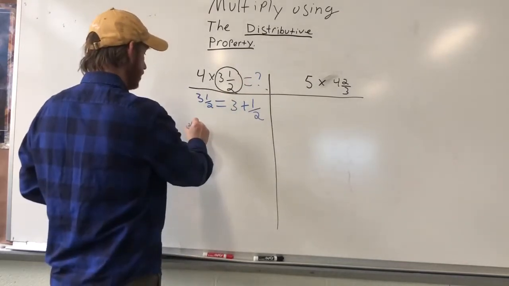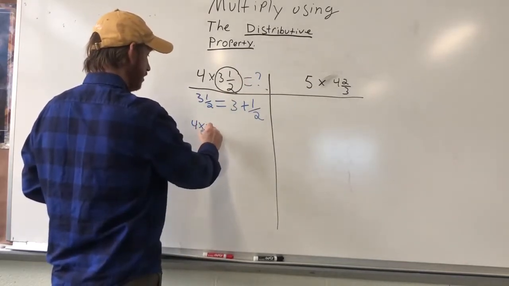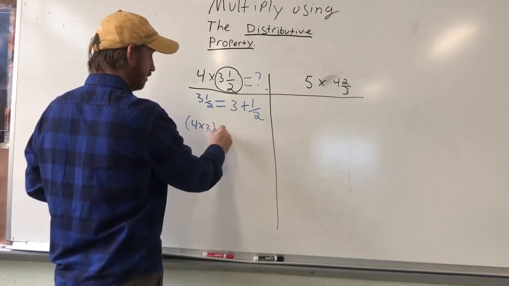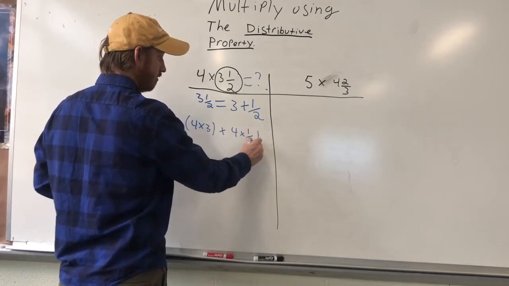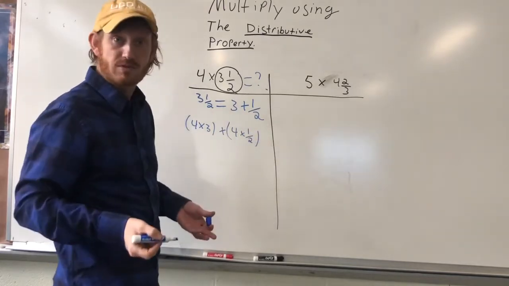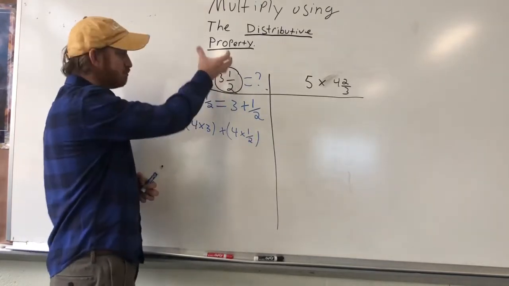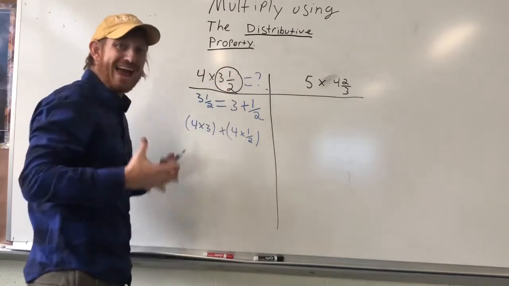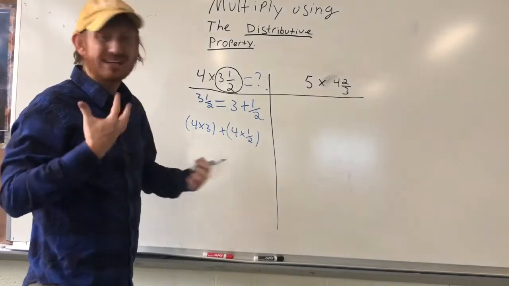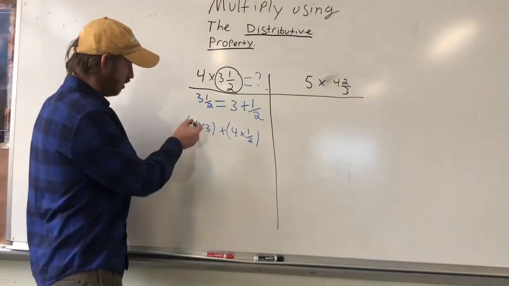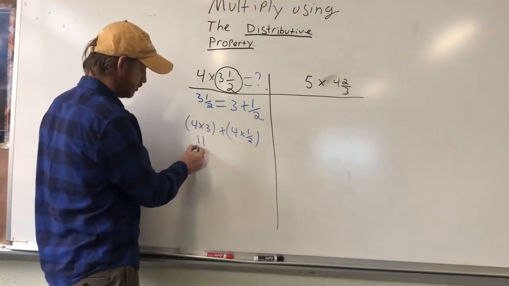I can make it 4 times 3 plus 4 times 1/2. So I've taken a problem that's probably pretty difficult, and I've turned it into 2 much easier equations that we can now solve. 4 times 3 is 12.